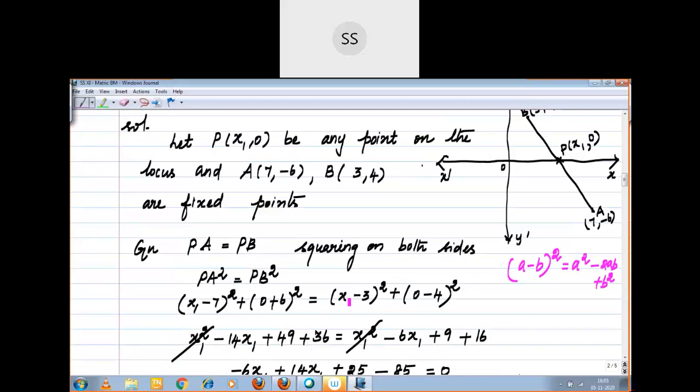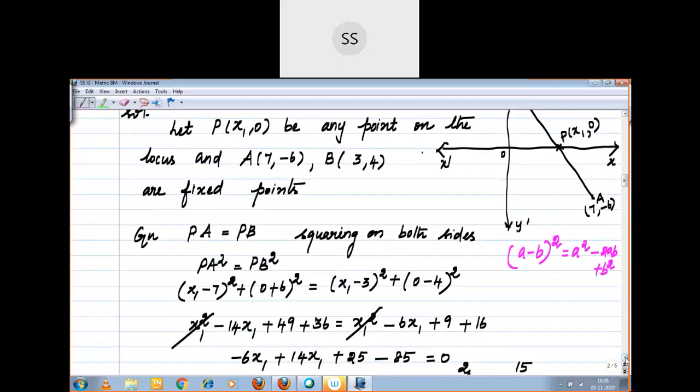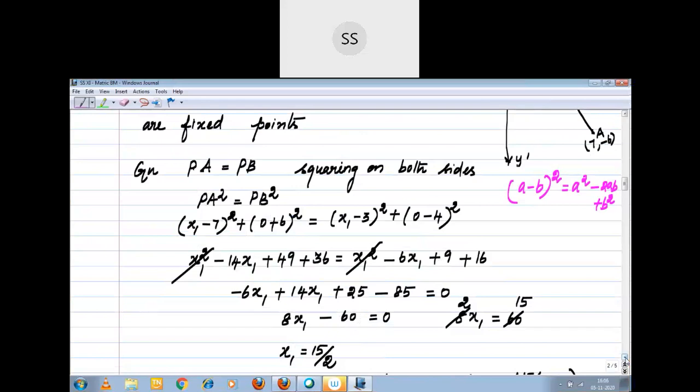Then x1 minus 7 the whole square plus 0 plus 6 the whole square equal to x1 minus 3 the whole square plus 0 minus 4 the whole square. Using a minus b the whole square identity, we are expanding. You know a minus b the whole square, what is it? a minus b the whole square equal to a square minus 2ab plus b square.